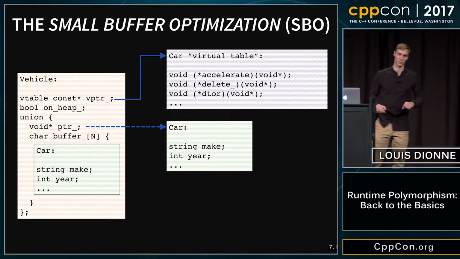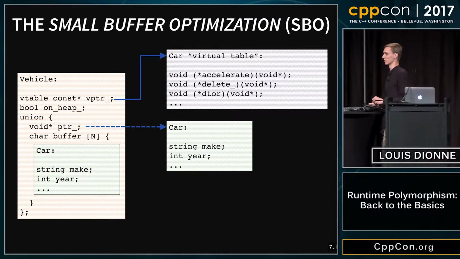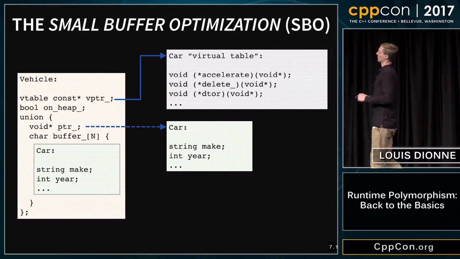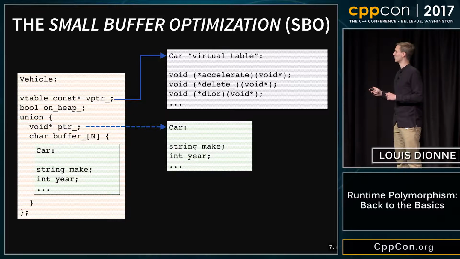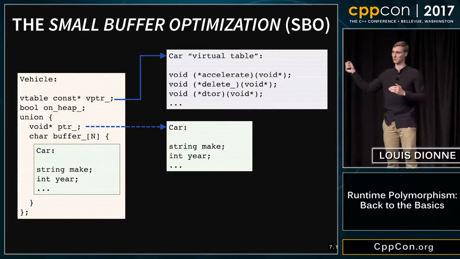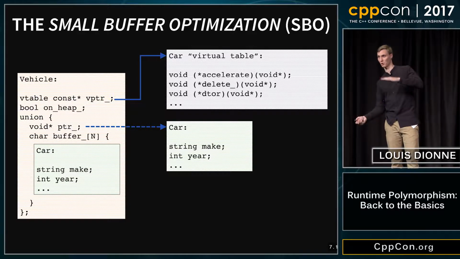And that's called the small buffer optimization, SBO for short. The idea behind SBO is that you either have a pointer to the heap, or you have a local buffer of a fixed size right there in the object.